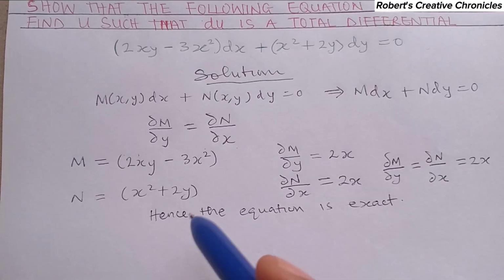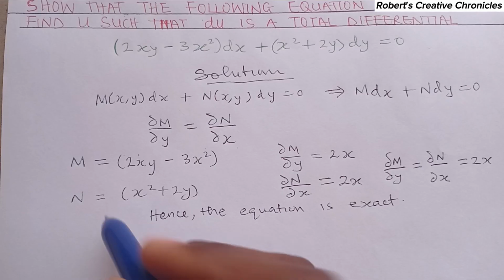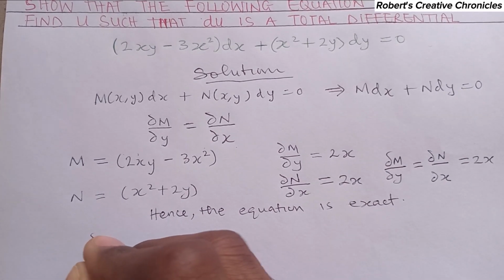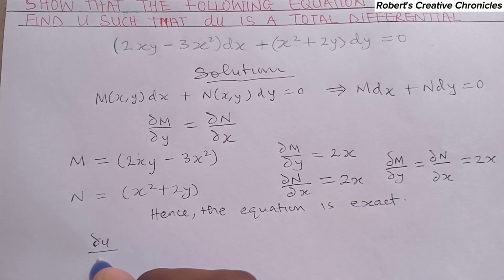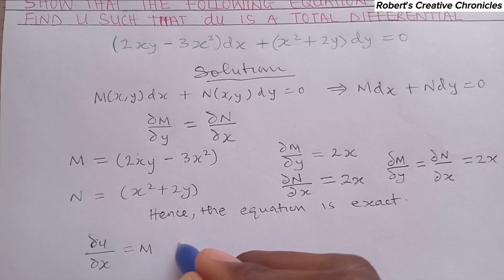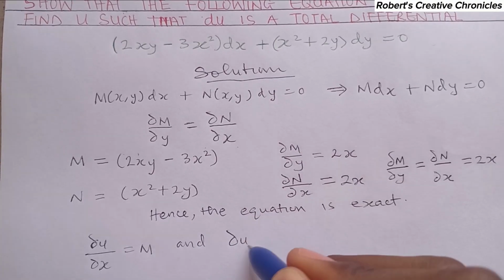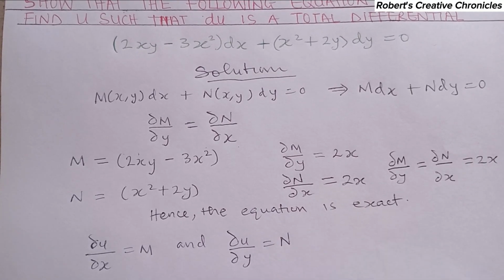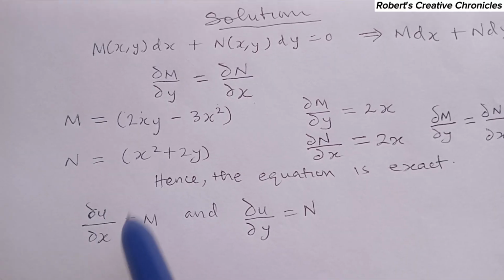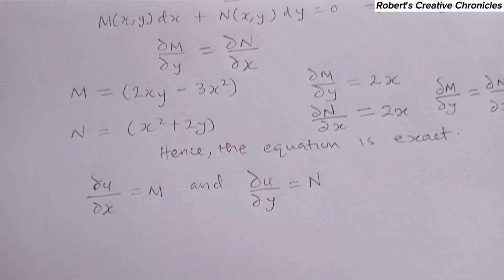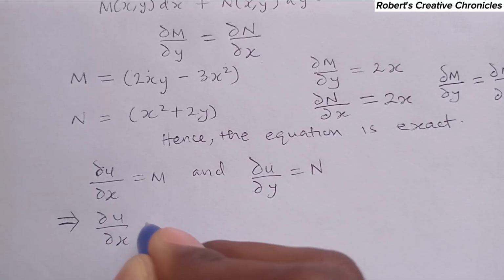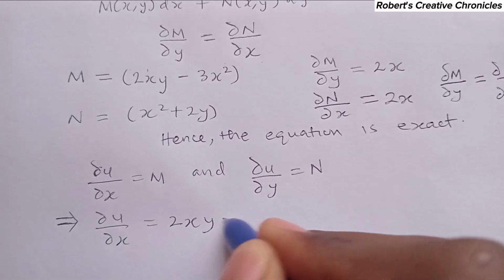Now we will let u be a function such that the partial derivative of u with respect to x equals M, and the partial derivative of u with respect to y equals N. Since the partial of u with respect to x is M, it will be 2xy minus 3x squared.